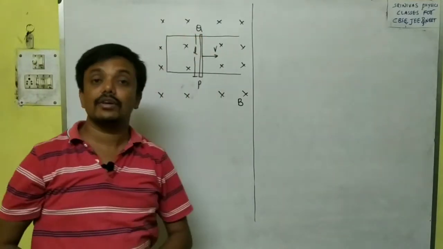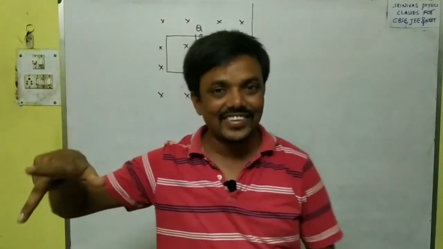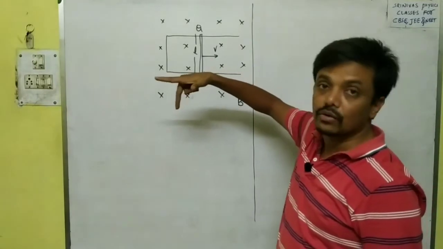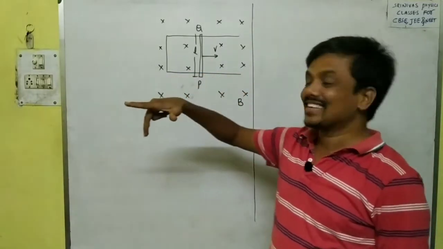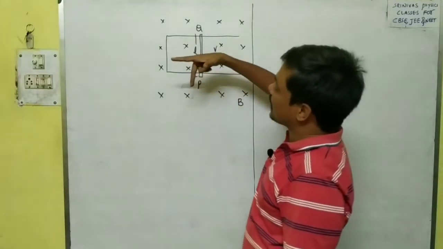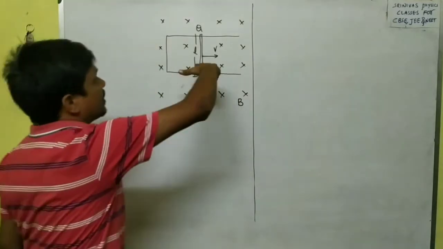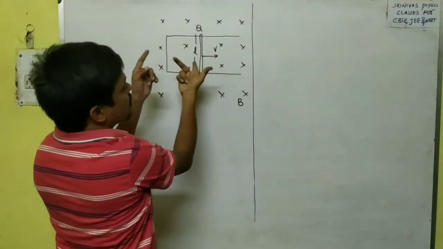Sorry, we have to use the right hand, not the left hand, to know the direction of induced current. Don't be confused, right? And look at here, this is the right hand. Then you have to adjust the forefinger in the direction of the magnetic field, and the thumb should be the motion of the conductor.